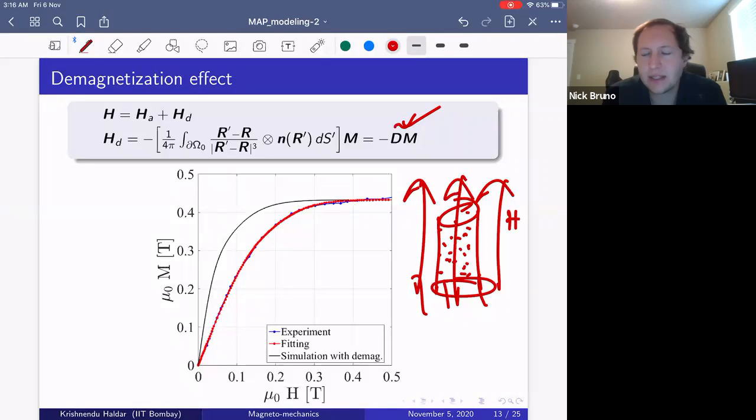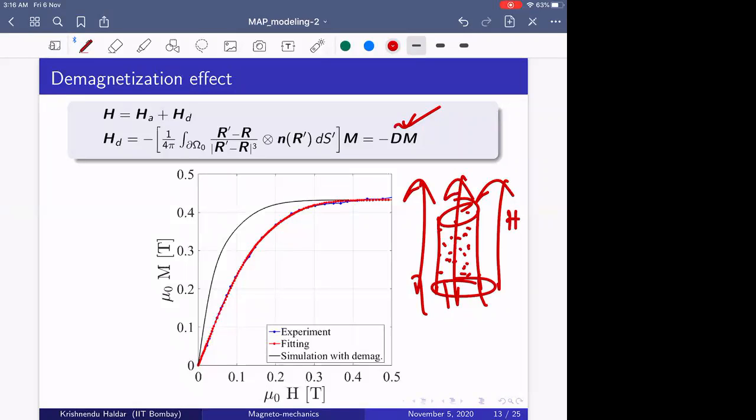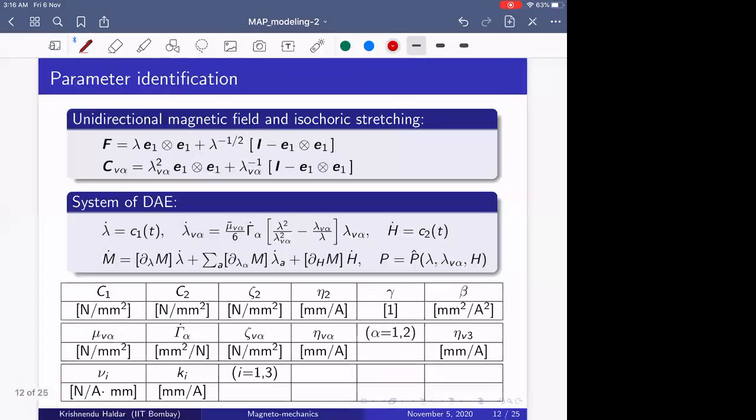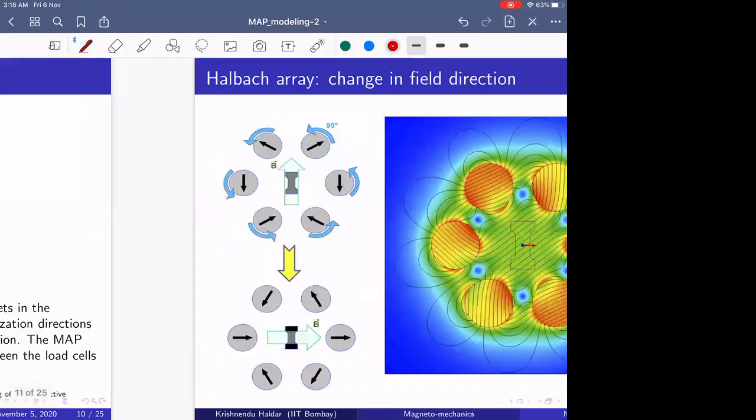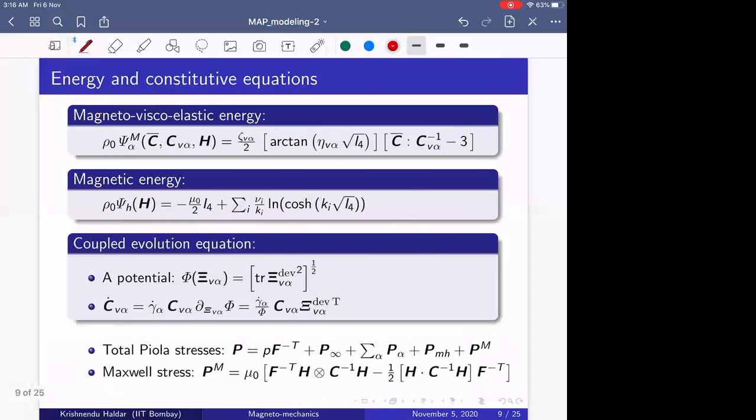And will that saturate eventually? Unfortunately, with magnetostress, here you can keep on increasing the field, so it is indeed not saturating at all. If you keep on increasing the field, you will get more stress.